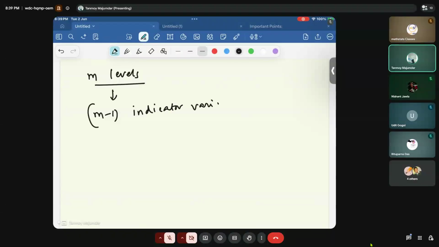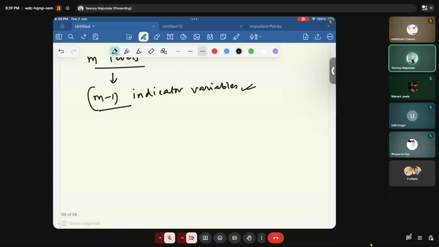I think you have heard this, it is the rule of using indicator variables: suppose we have m number of levels, then we use m minus 1 indicator variables. So basically what we did here, we had one group with 2 levels, so we used one extra indicator variable, which is our variable x2, 0 and 1.